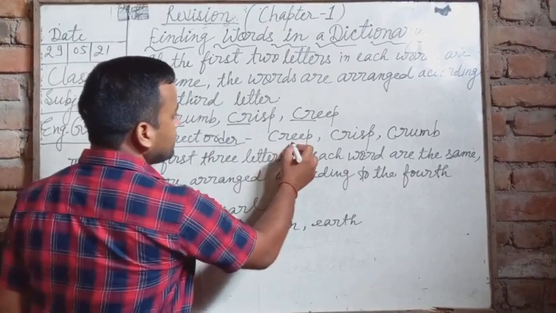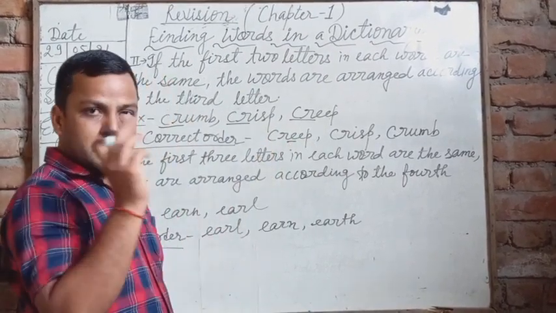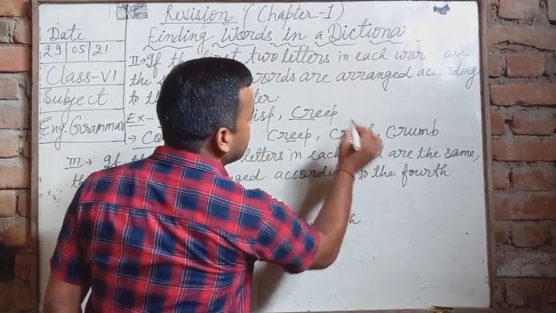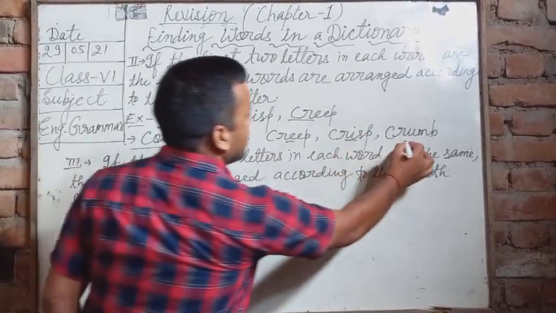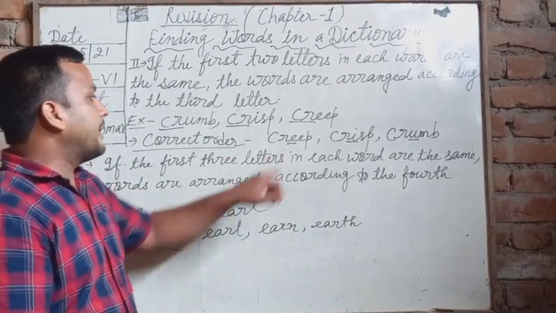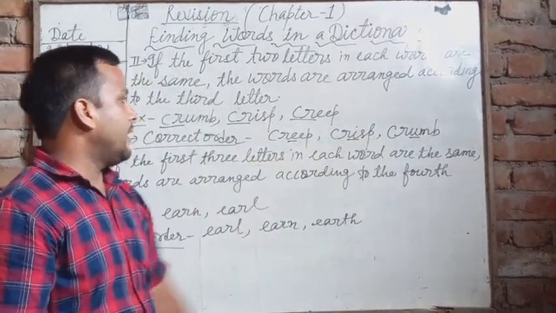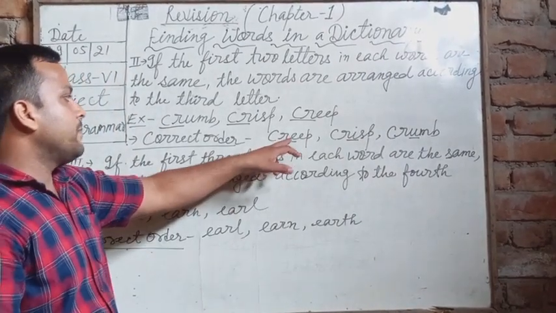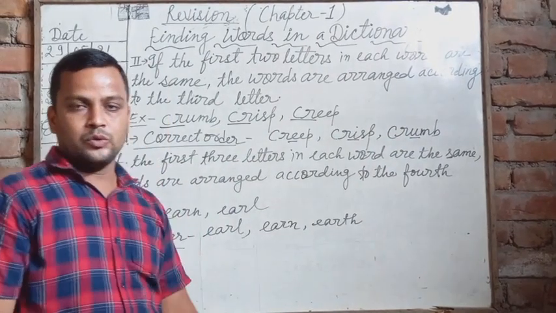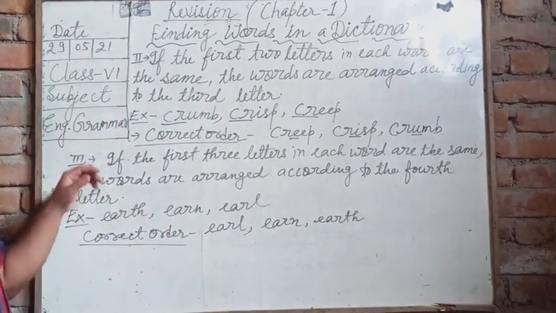Creep. E comes first in alphabetical order, and after E, I comes, and after I, U comes. So this will be the correct order: creep, crisp, and crumb. Okay? E, then I, and then U.